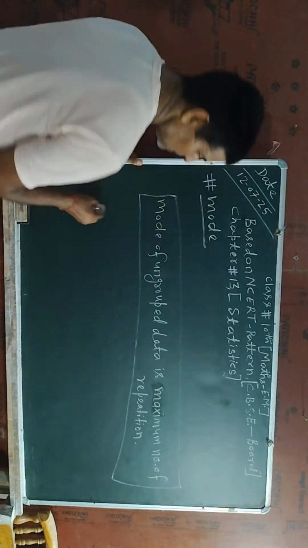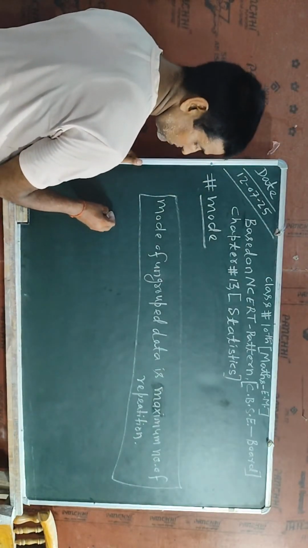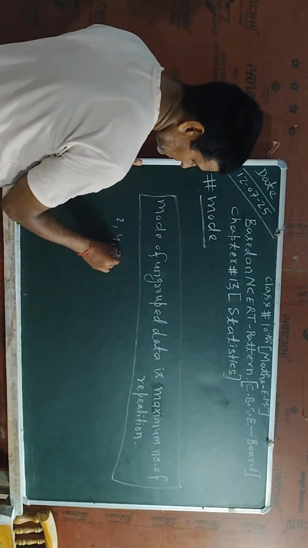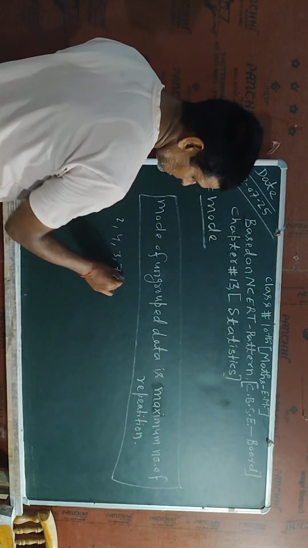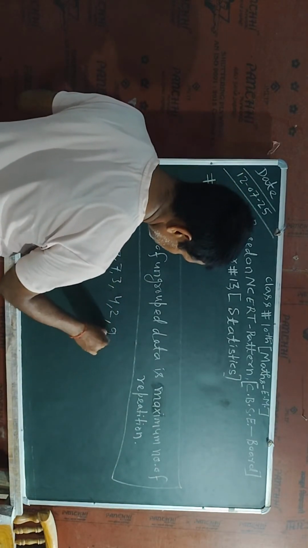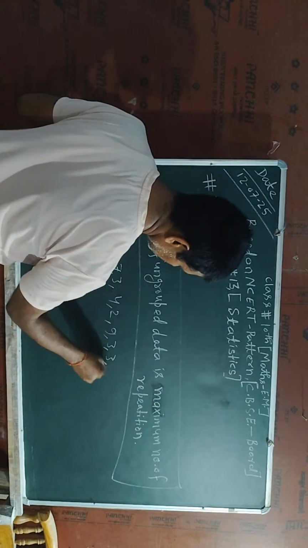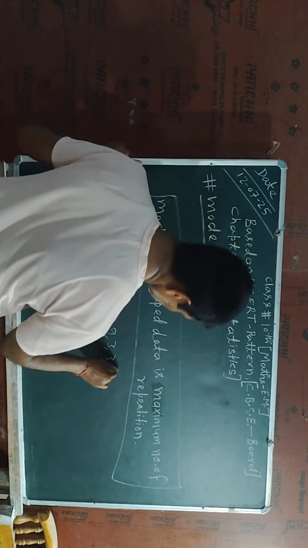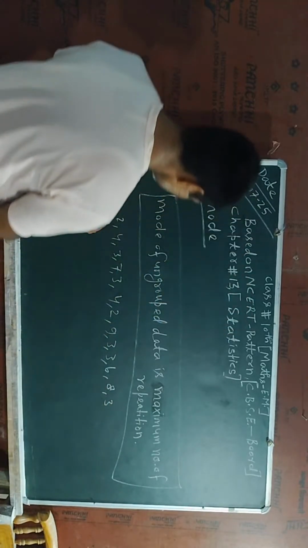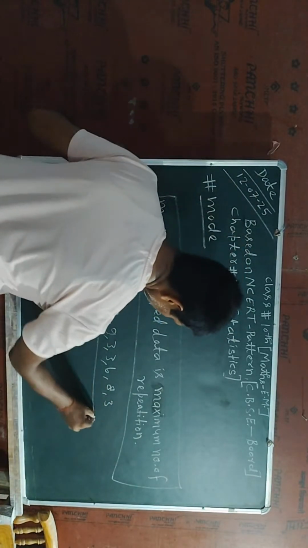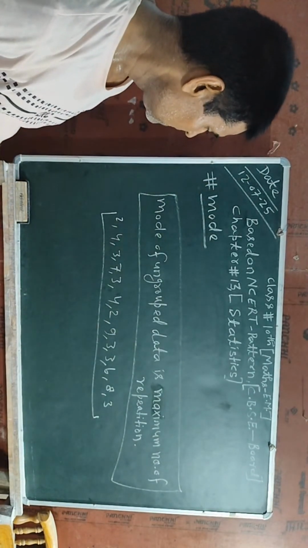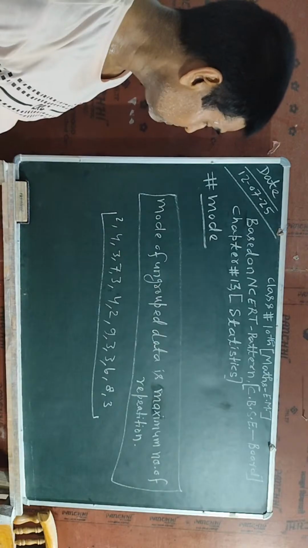Suppose that any ungrouped data is given in list form, that is 2, 4, 3, 7, 3, 4, 2, 9, 3, 3, 6, 8, 3. So here in this list I am going to check which digit has maximum repetition.